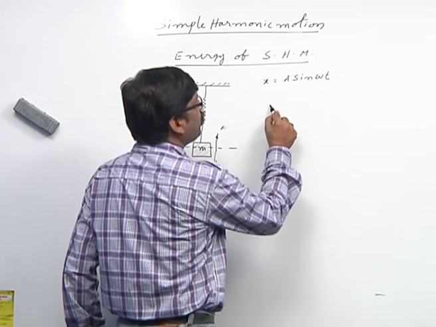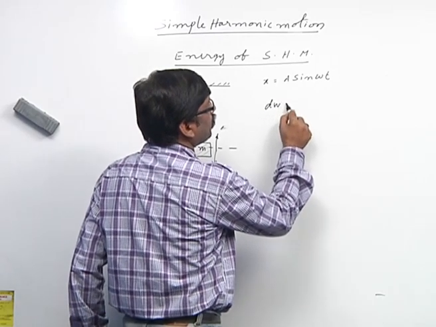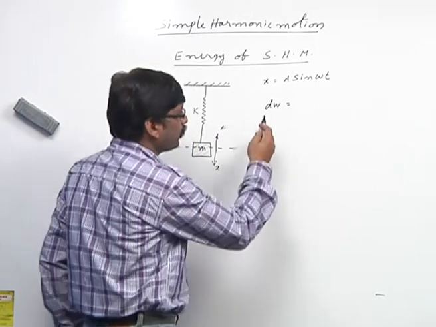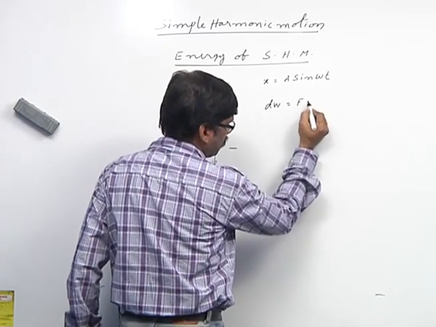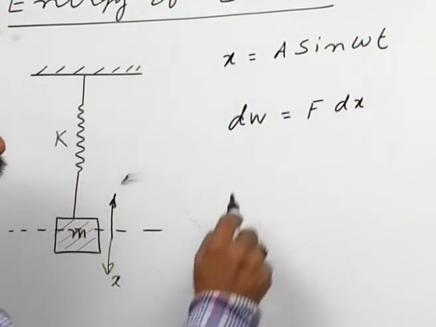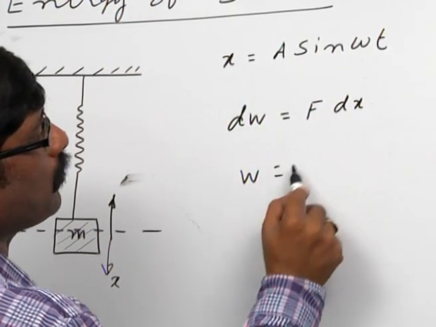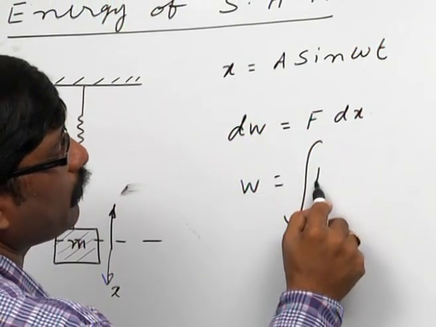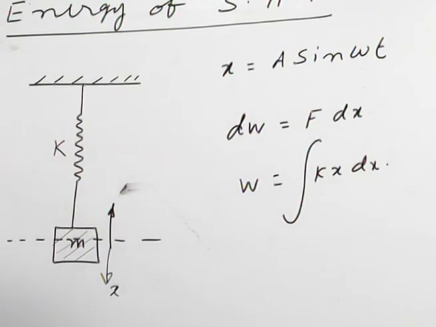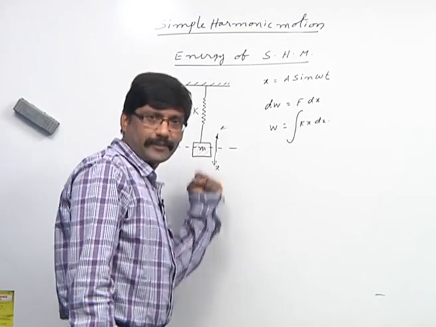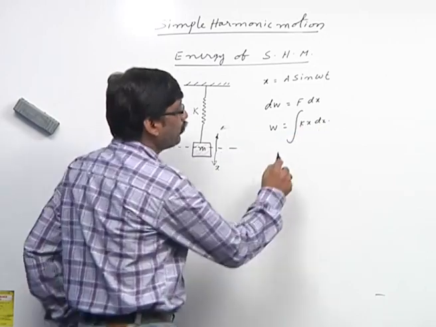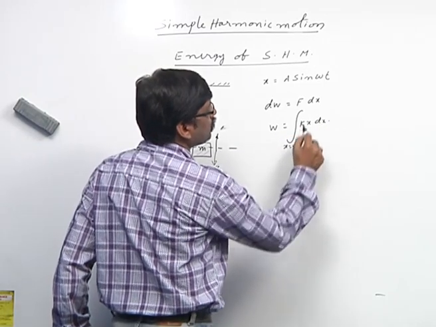Potential energy is also the capacity to do work. If I use dW is equal to f dx, the total work is equal to the integral of f, which is kx, dx. Work done in extending the spring by x is the integral of kx dx from x is equal to 0 to some value of x.